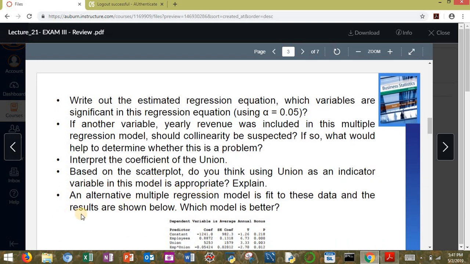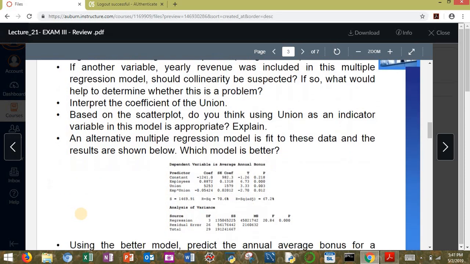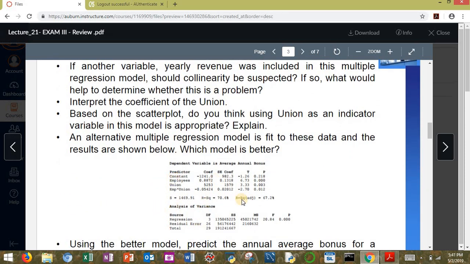Okay, the next question, it says an alternative multiple regression model is fit to the data and the results are shown below, and which model is better? So we are given one model here, and we've got one at the beginning of this problem. One thing we want to look for when we are comparing to see which one is better, the main thing we're going to look at is this R squared value.